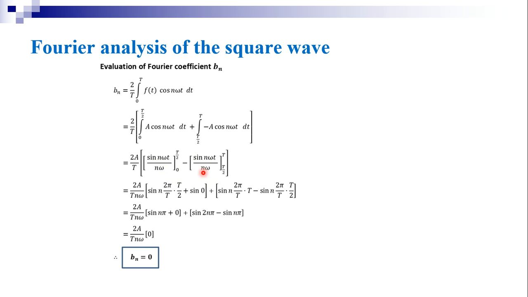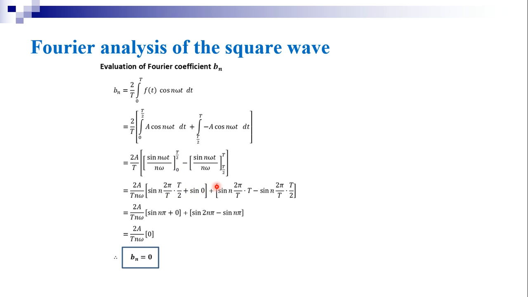In the second term, it will be sin n omega t by n omega between the limits T by 2 to T. After applying the limits, for the upper limit it becomes sin n into, instead of omega, it will be written as 2 pi by T, into applying T by 2 for t, it will be this one, and for lower limit 0, the sin 0.